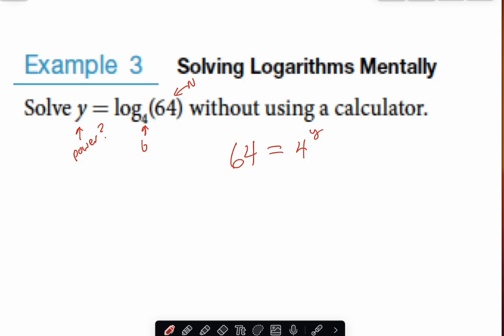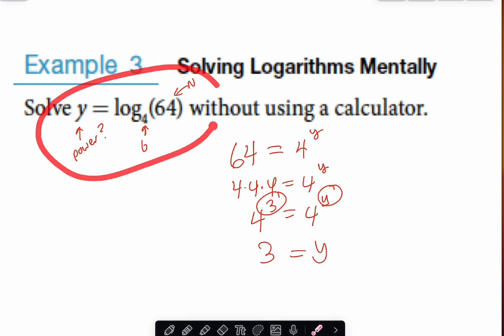So if you say, what power would you put on a 4 to get 64? 64 is 4 times 4 times 4. And 64 is 4 to the third. So there's our answer. Y has to equal 3. Sorry about that. I kind of flipped that around, didn't I? So the answer is a power. So you're really asking, when you see this, what power would I put on a 4 to get 64?